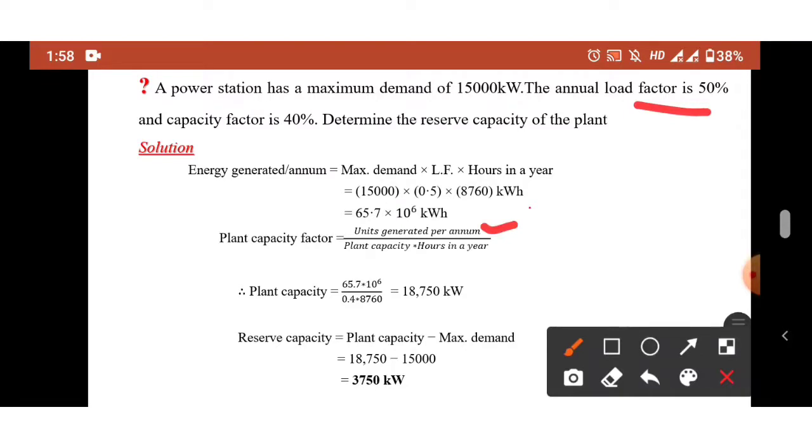Then we will get the energy generated per annum. Plant capacity is 18,750 kilowatt, and the reserve capacity is plant capacity minus maximum demand. Plant capacity is 18,750, maximum demand is 15,000. When we subtract both, we get the answer as 3,750 kilowatt.